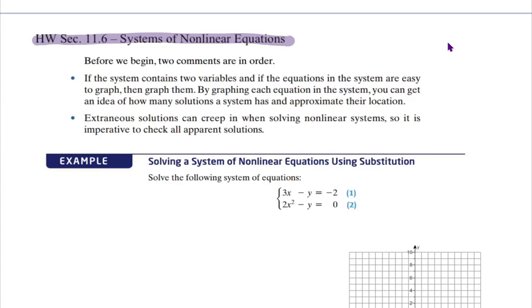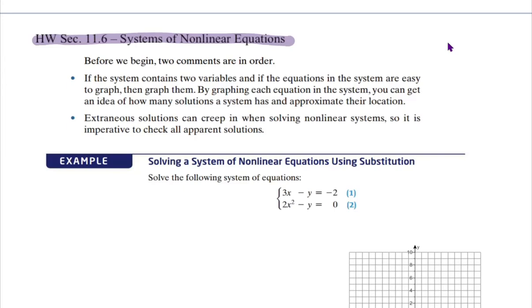Now, the two comments that I want to make before we even start some examples are, first, if you have two variables, it's always better to sketch the graph of the system so you can preview the solutions. The solutions will be where the graphs of the equations intersect.